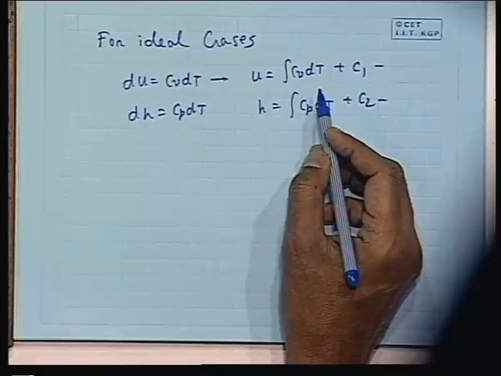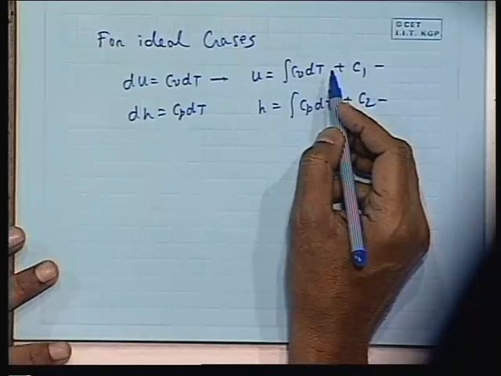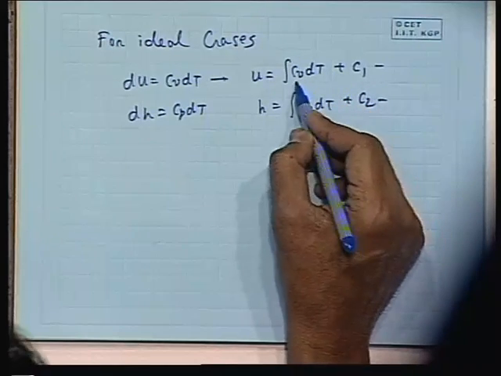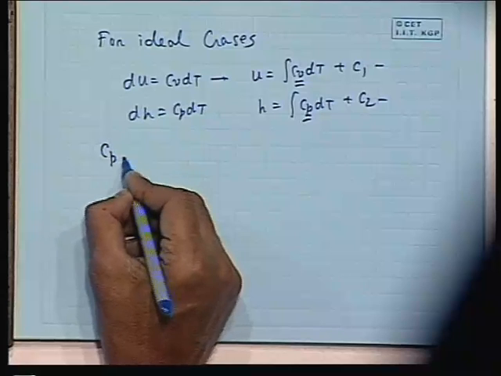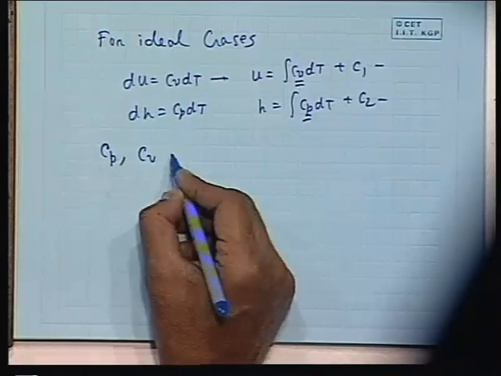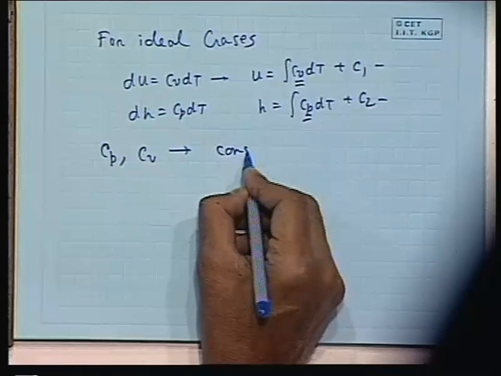All right. Now, to express U and H as functions of temperature, we have to integrate this equation, and this is only possible if we know Cp and Cv explicitly as functions of temperature. For an ideal gas, we also assume Cp and Cv are constants.